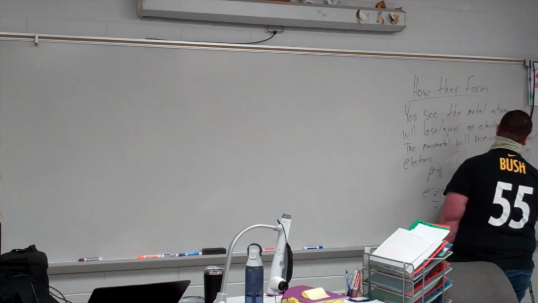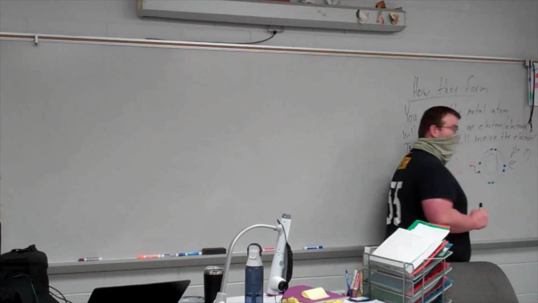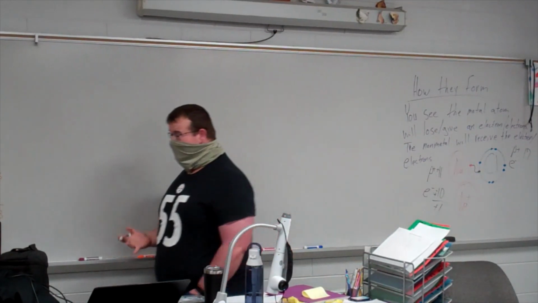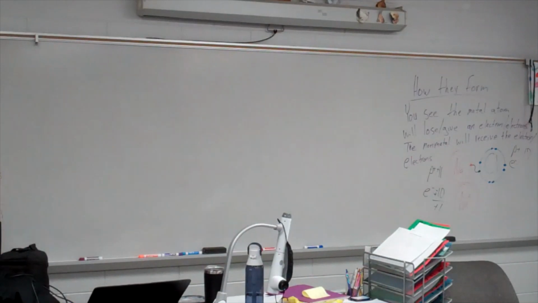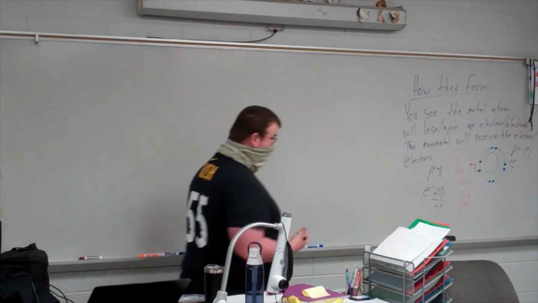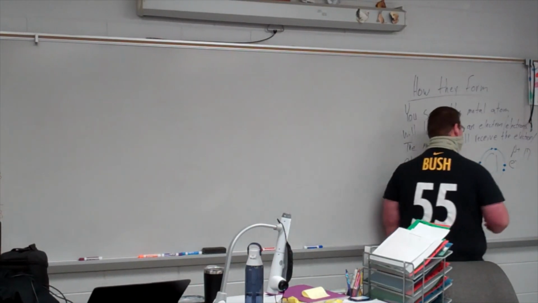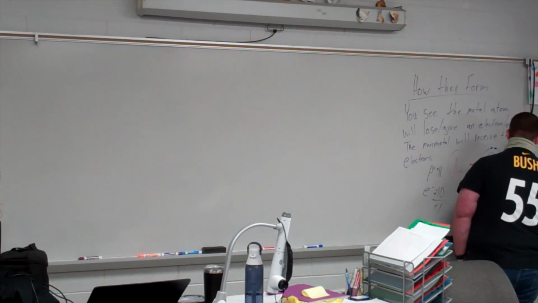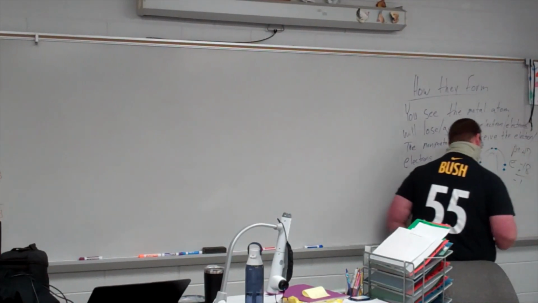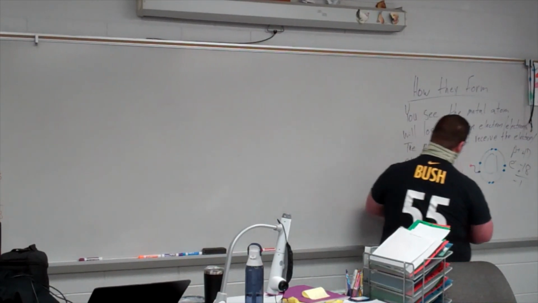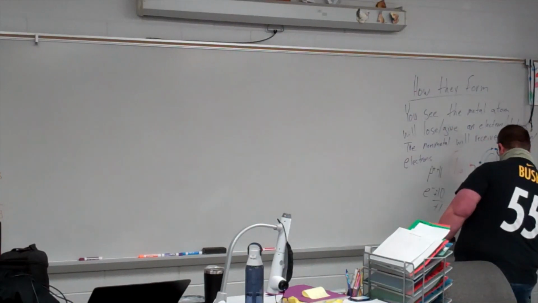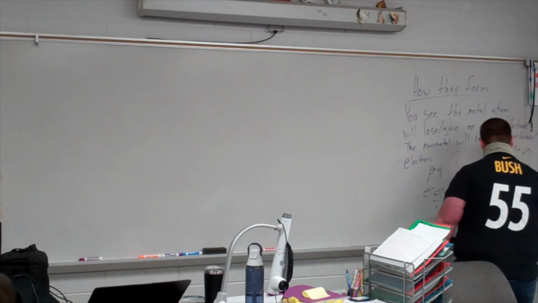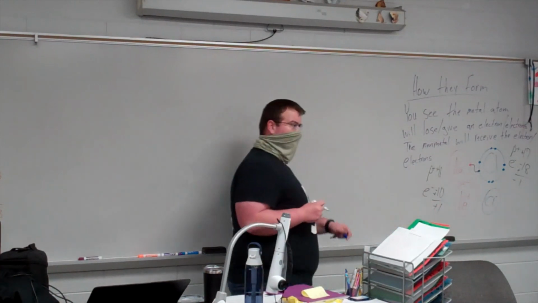How many electrons does chlorine normally have? 17, but it gained one, correct? Gained one from the sodium atom. So 18. So it's a positive 17, negative 18, add those together, you get negative 1, which gives us chloride, the negative ion.